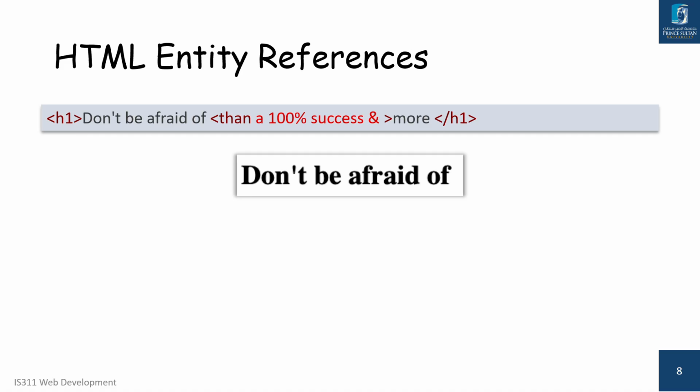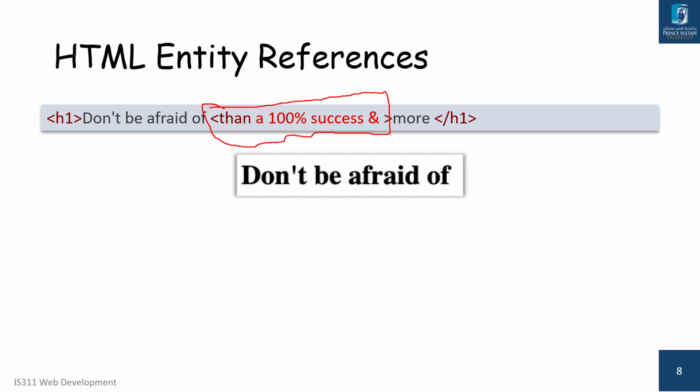The system will try to identify this part as a tag, and when it tries to identify it as a tag, it cannot understand it. It will just ignore it, and everything after it, so it does not display the "more" as well. It will just display the first part, and because it could not understand the less than or greater than sign and the rest, it does not display it on the page.